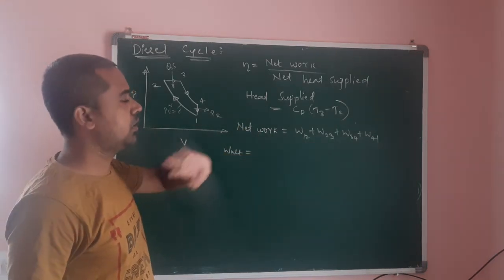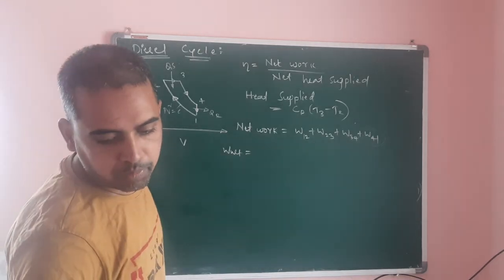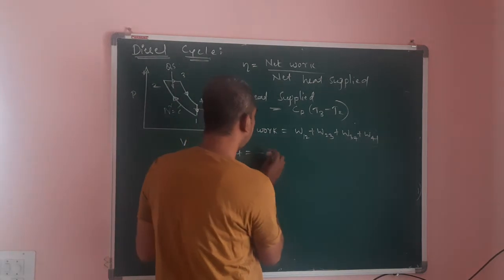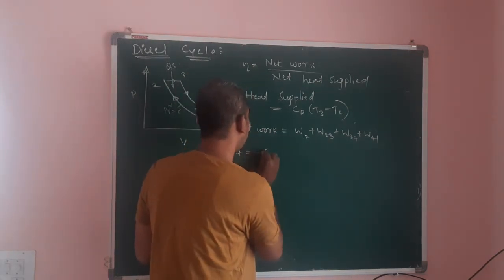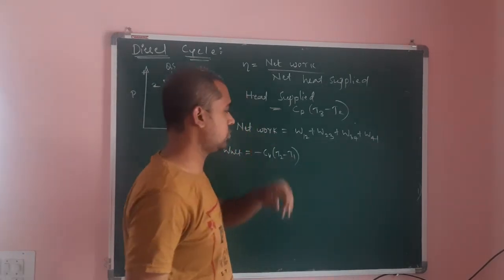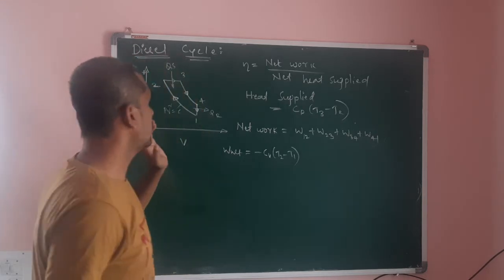W1 to 2 is nothing but minus Cv (T2 minus T1). This is the work done during the process 1 to 2. W2 to 3: 2 to 3 is a constant pressure process.